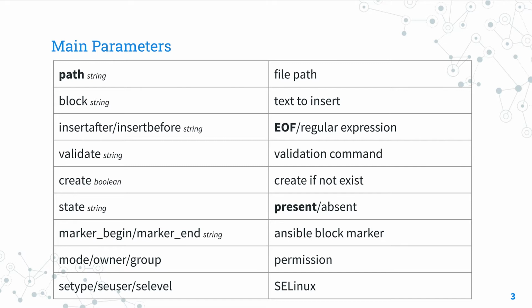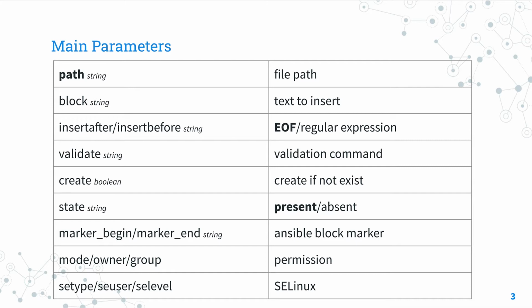If there is any tool to validate the file, we could specify it in the validate parameter, very useful for configuration files of any service. If the file does not exist, we could create it, but we need to set the create parameter to true.